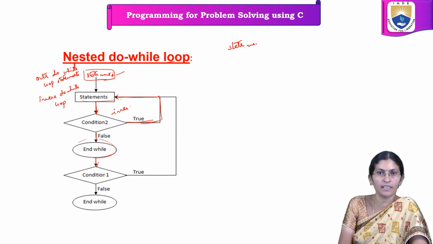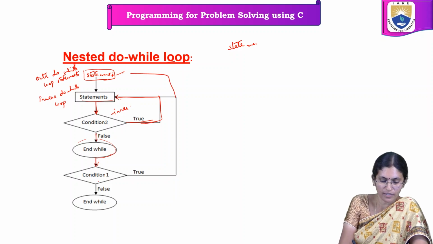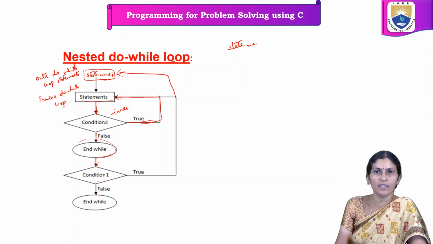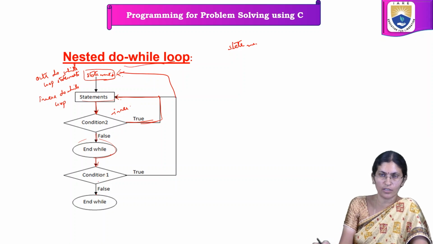Then the condition in the outer do while loop is checked. If this condition is true, then the statements in the outer do while loop are executed as well as the statements inside the inner do while loop. If the condition is false in the outer do while loop, then the control is transferred to the next statements which are there outside the nested do while loop.